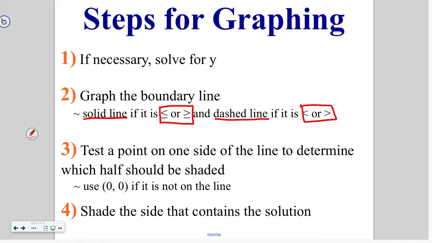You're going to, again, determine if that is true or false. If it's true for (0, 0), you're going to shade the side with (0, 0). If it is false, you are going to shade the side without (0, 0). This will make more sense as we are going through and actually doing the problems, but this just gives you an idea of how we are going to go about graphing.